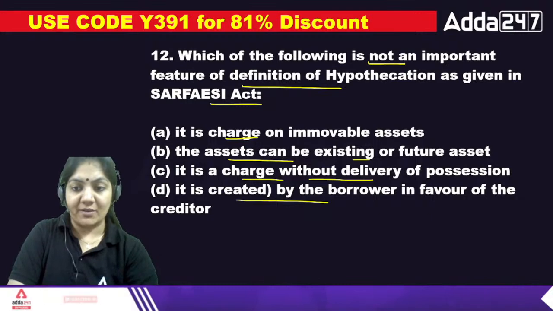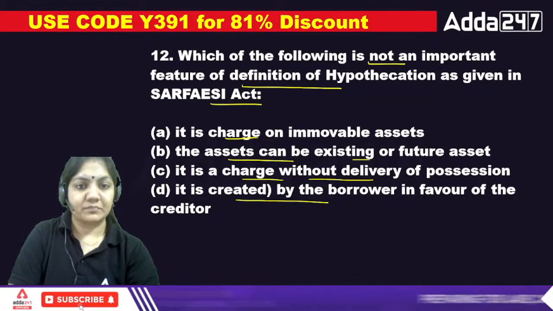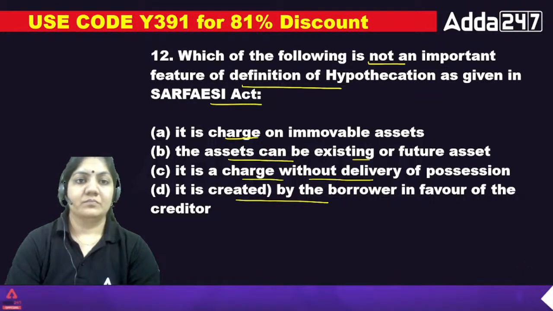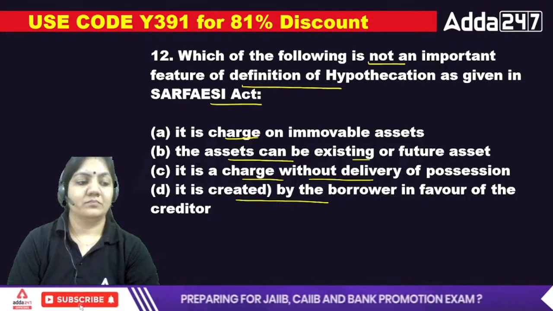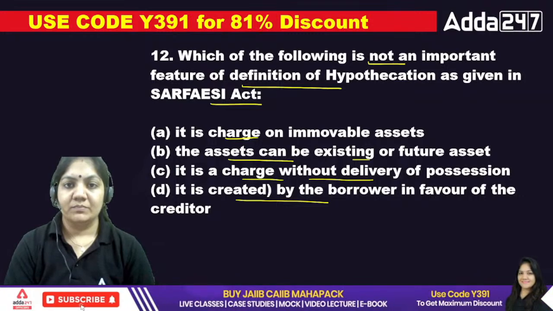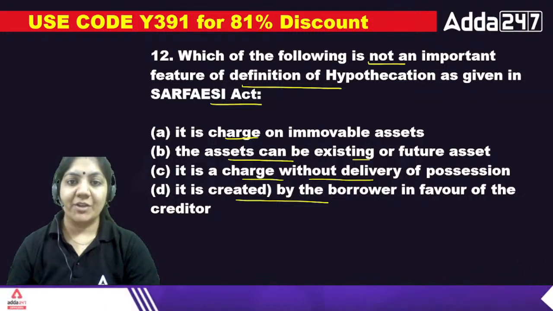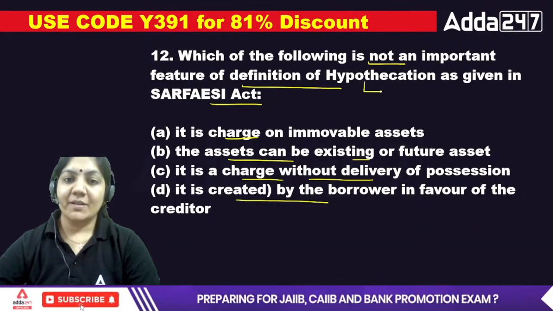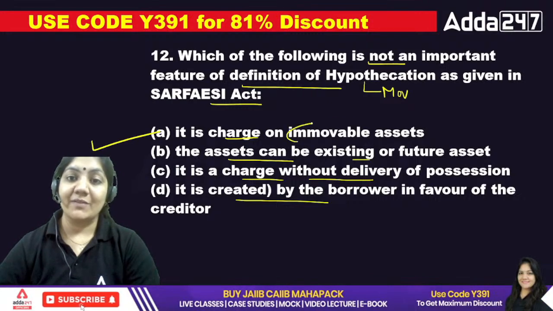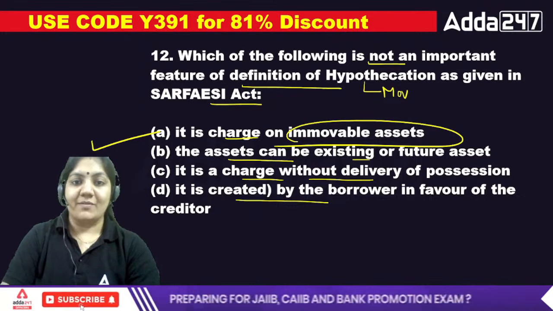Which of the following is the right one? 12th one. Hypothecation, when the word hypothecation comes, that is basically for movable property. So this is not important because it deals with immovable assets. Okay, class. So that's why this is the right answer.